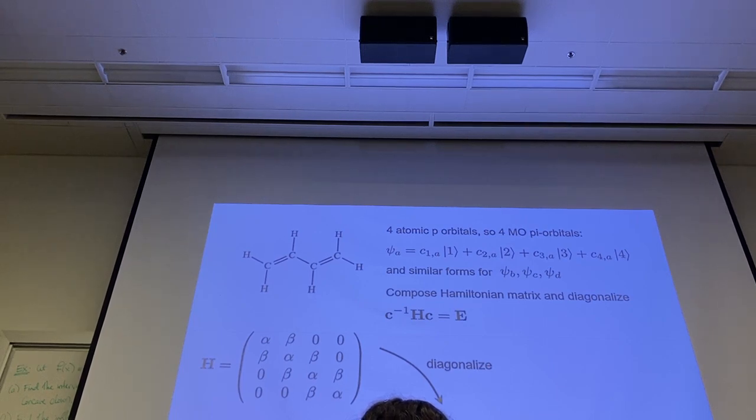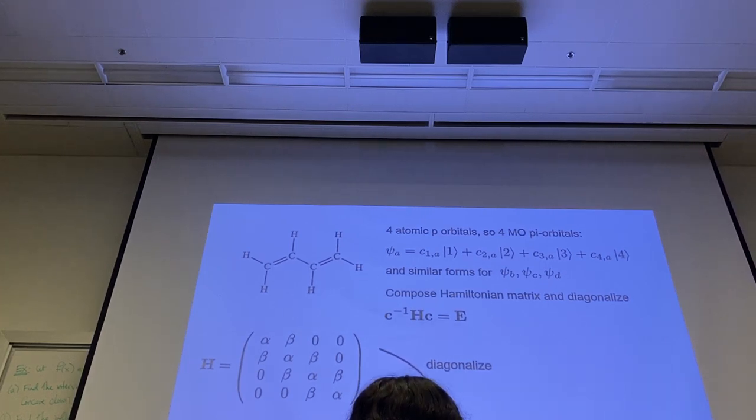Remember that these are just the energies that come out after diagonalizing. It's not in a particular order. The computer doesn't know how you want them, so these are just the values. It's up to us to order them in the proper order.